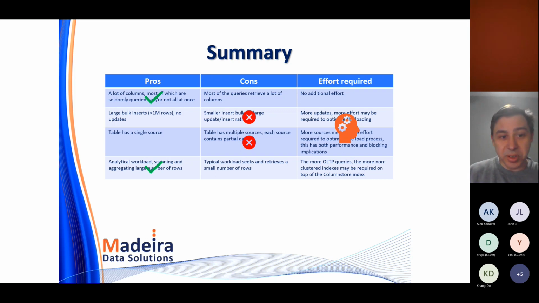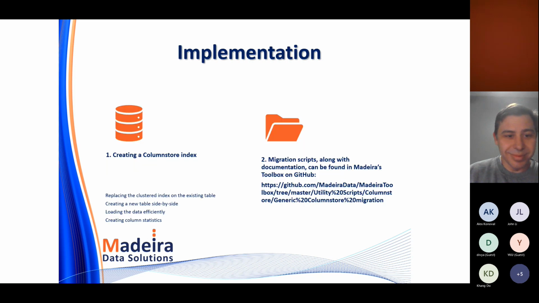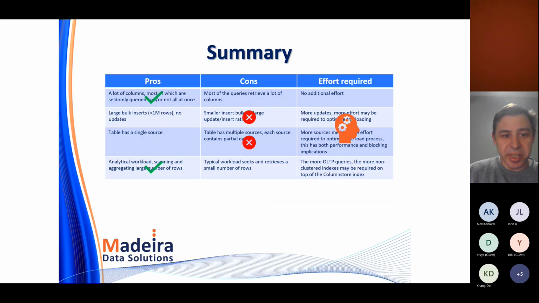So it did fit this criteria. It had a lot of columns, most of which were seldom queried. So we had a lot of non-clustered indexes on this table. And that was my primary motivation why I wanted to convert it to clustered Columnstore, because it was so unwieldy. It was insane.